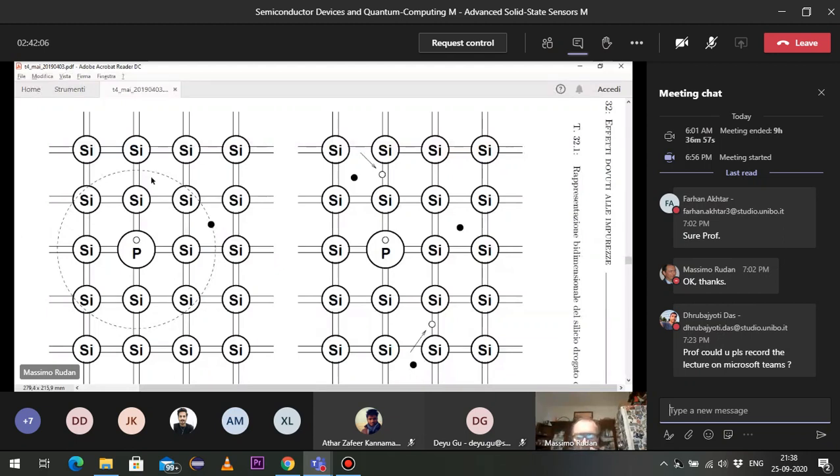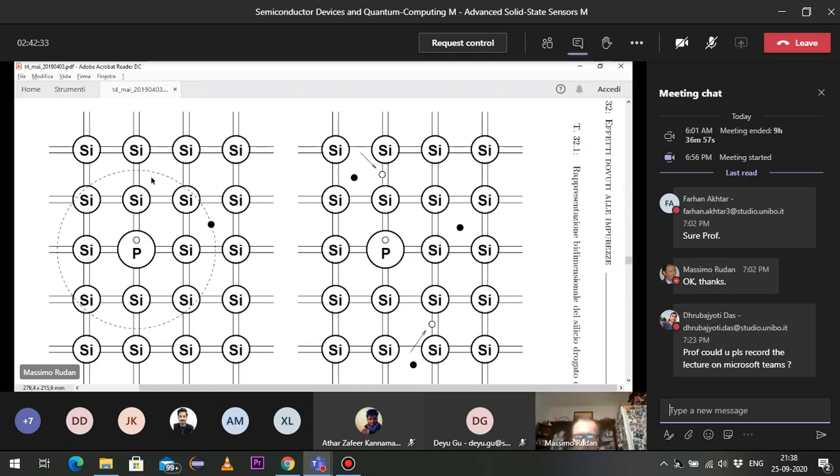The impurity atoms that are used in silicon, remember that silicon belongs to the 4th column of the periodic table of elements. That means that each silicon atom has 4 electrons in the outer shell, okay?